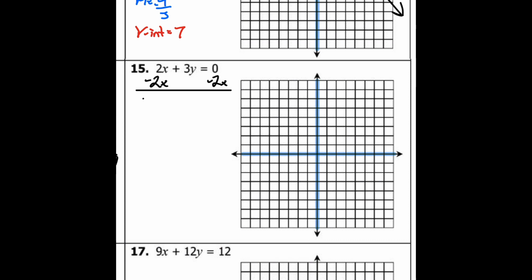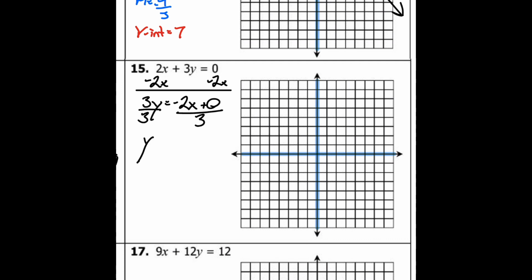That leaves me with 3y equals negative 2x plus 0. Do I need to write plus 0? I don't, but we'll put it there as a placeholder. I'm going to divide by 3 to get rid of this 3 on the left. What I do on the left, I have to do to everything over on the right.